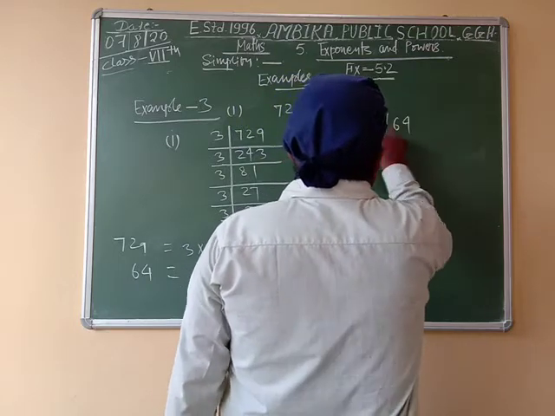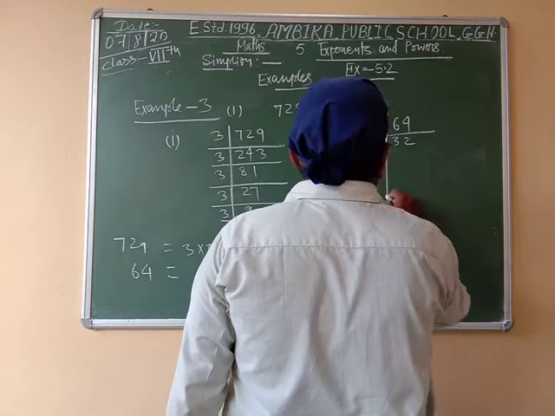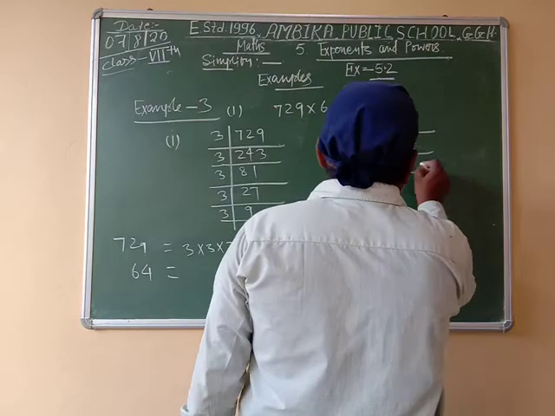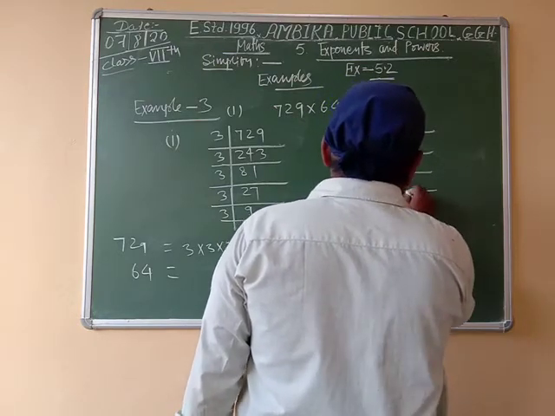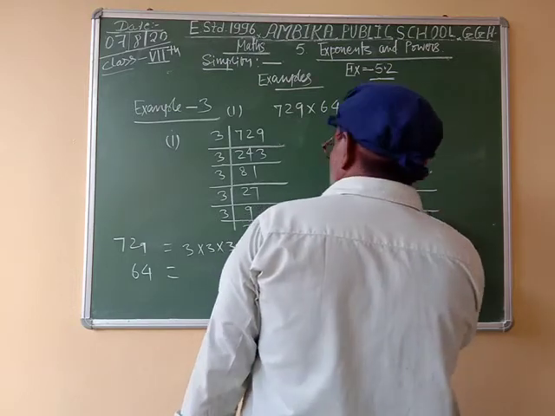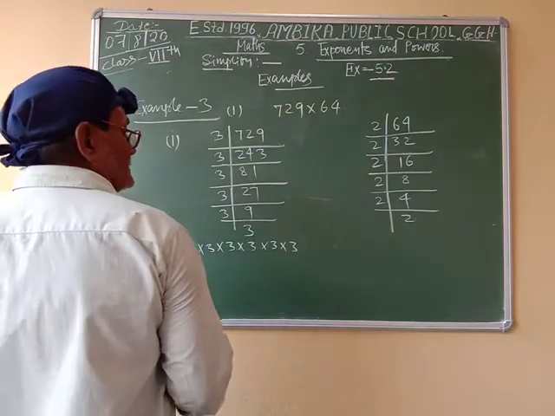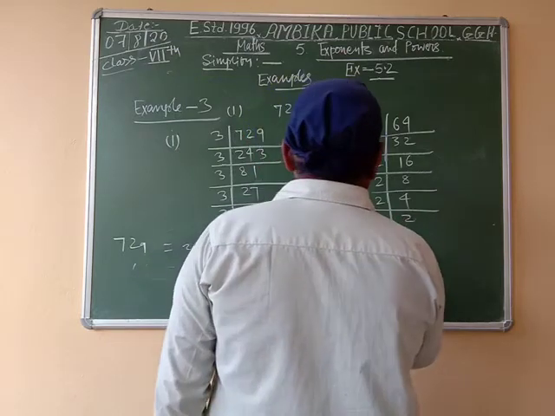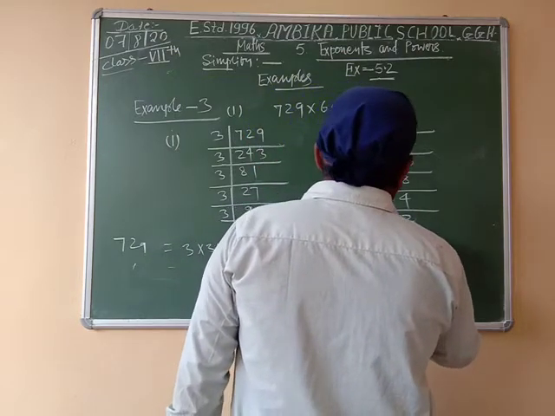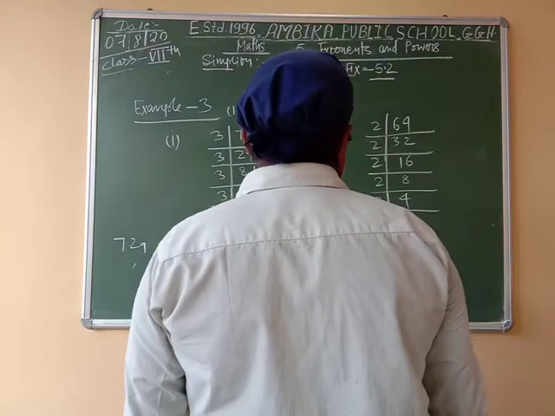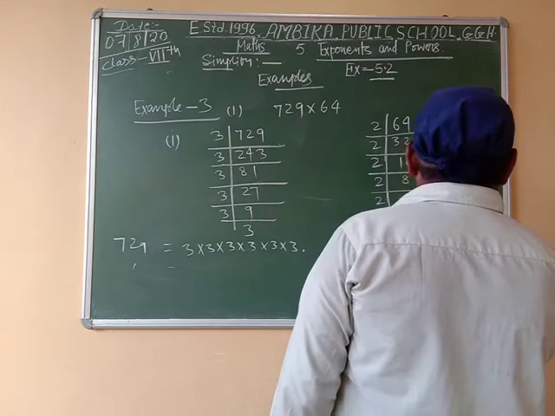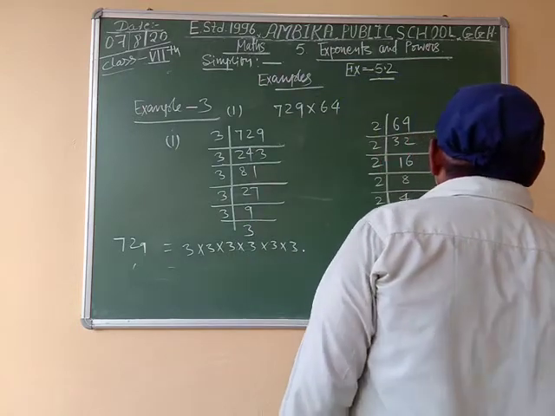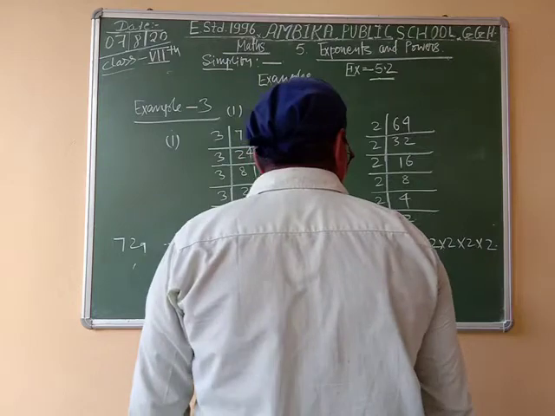Prime factorization of 64: dividing by 2 repeatedly, 64 is equal to 2 into 2 into 2 into 2 into 2 into 2, 6 times.